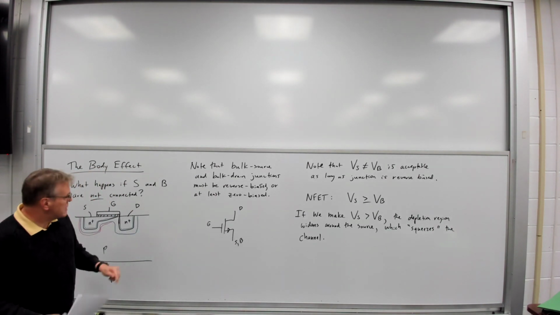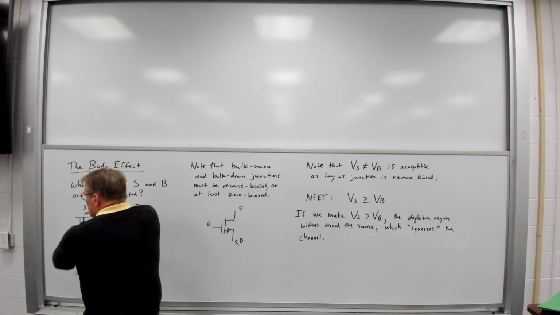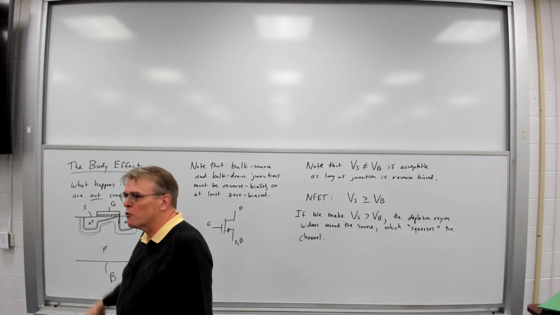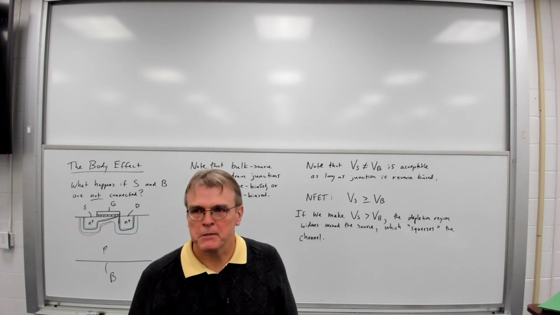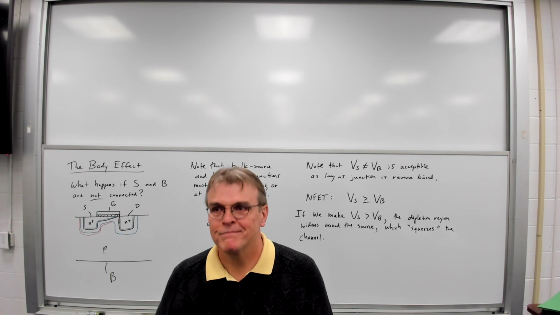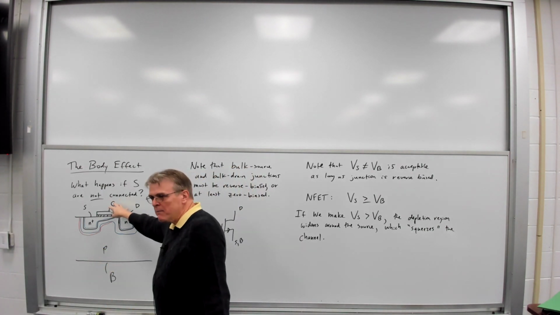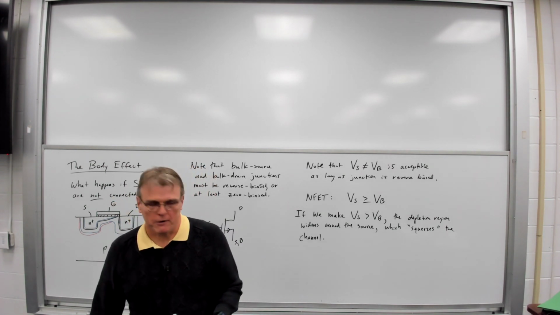Now, as I squeeze the channel, as I make the cross-section of the channel smaller by making the depletion region wider, what do you think is going to happen to the drain current? Is it going to go up or go down as I make that channel smaller? It's going to go down. So all else being the same, for the same value of VGS, I'm going to have less drain current.